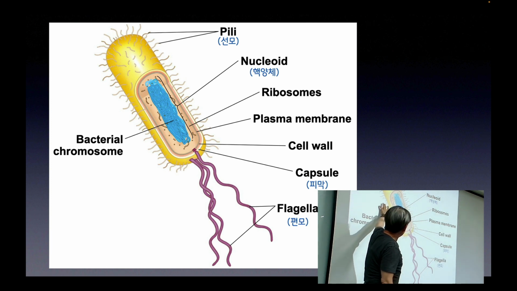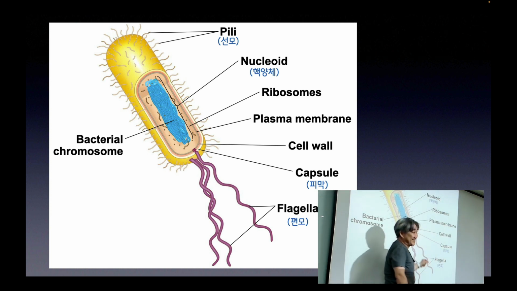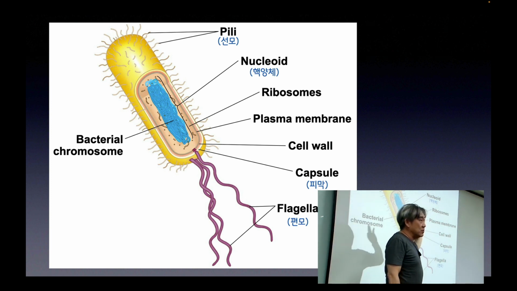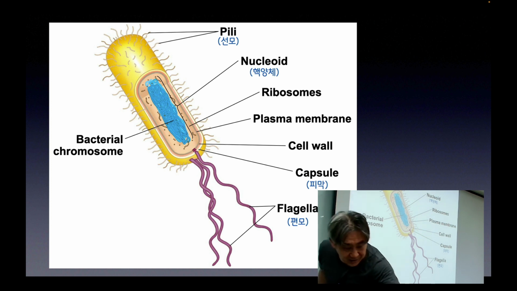And the short hair-like things, what do we call those? What's the name of this short hair? Can you pronounce this? How would you pronounce this? Pili, which is plural. So singular is called pilus.